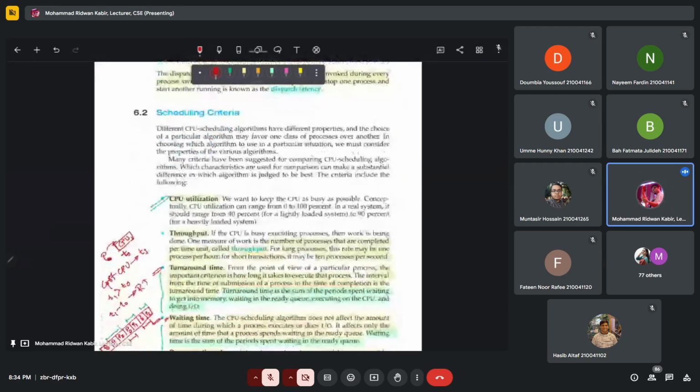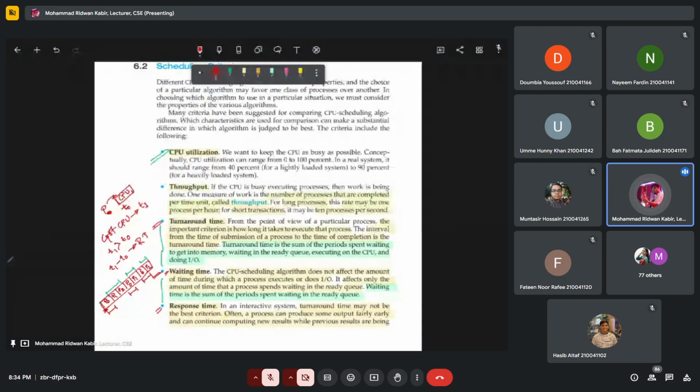Now, the criteria of how we measure the efficiency of a scheduling algorithm, or how we define which processes will be given the CPU following a particular order, is judged by these metrics. Okay, so first one is CPU utilization. As I already mentioned, we want to keep the CPU as busy as possible.